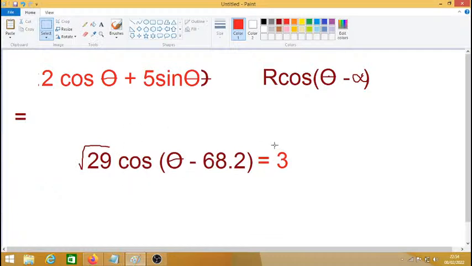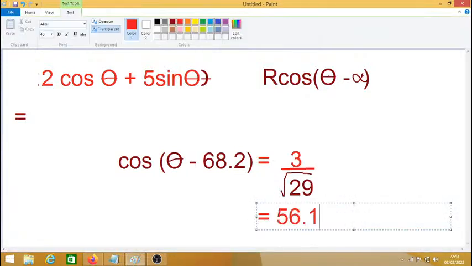All we're going to do, and let's make a little bit of space, we'll take the root 29 over to the other side, or whatever number happens to be there. So that's a fraction now. And all I've got is cos, so I can just inverse cos. So if I inverse cos 3 over root 29, I'll get 56.1 degrees.